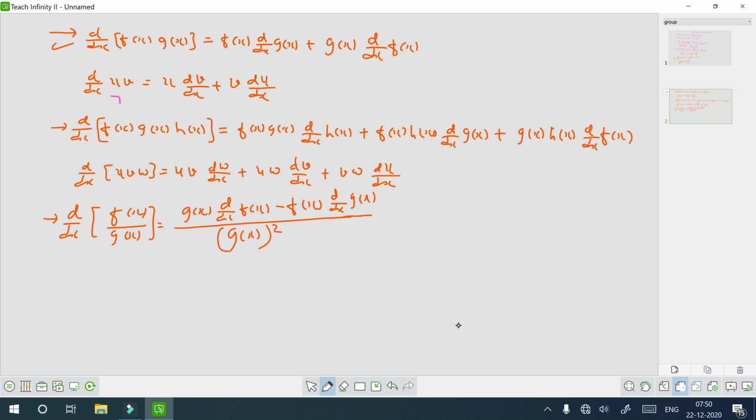This is known as division rule. In other way, how we can write it? D by dx of u by v, denominator quantity whole square, denominator quantity as it is, derivative of numerator, numerator as it is, derivative of denominator quantity.